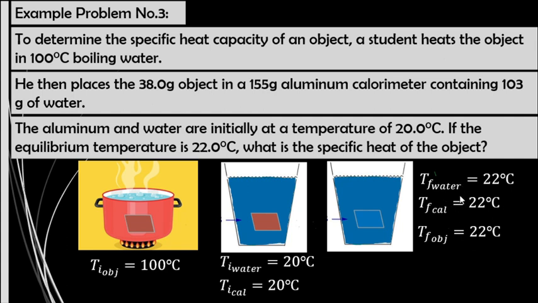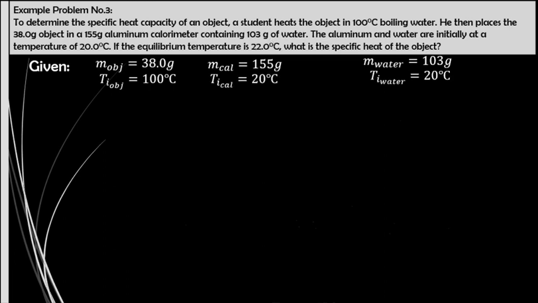Aside from this, we are also given the masses of those three substances: the mass of the object is 38 grams, the mass of the calorimeter is 155 grams, and the mass of the water is 103 grams. And again, for the initial temperatures, T sub i of the object is 100 degrees Celsius, and T sub i of the calorimeter and water are both 20 degrees Celsius.